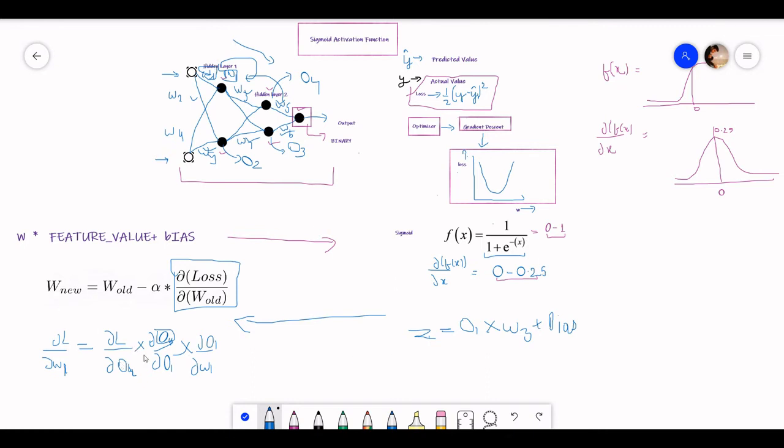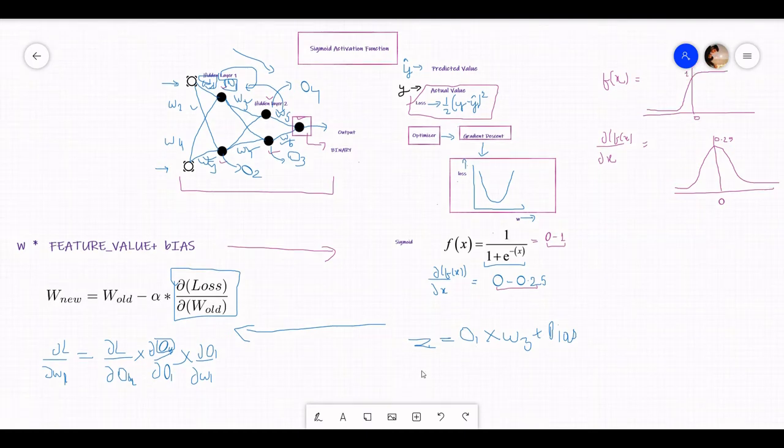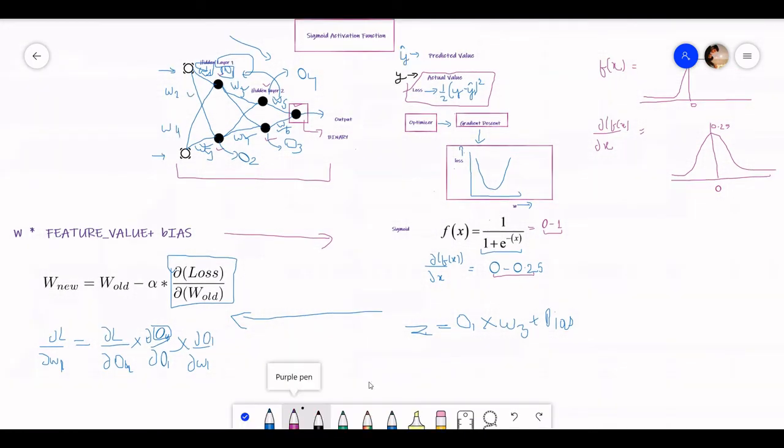Suppose we have applied the sigmoid activation function. So after applying our activation function, O4 is equal to sigmoid of our Z. This happens in our forward propagation.